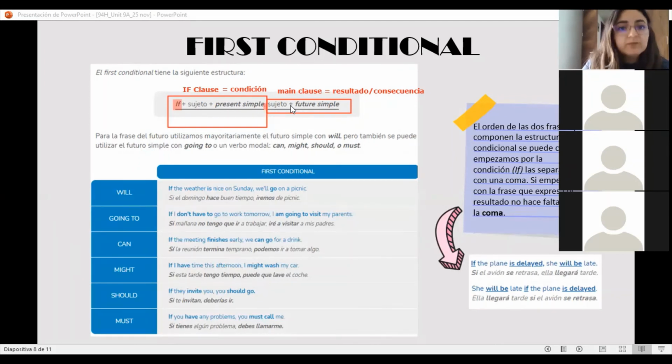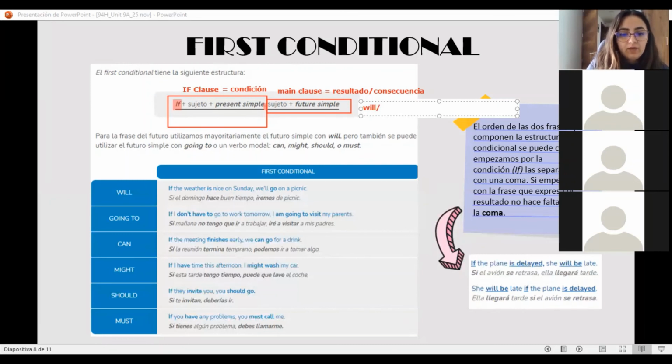Will and going to. Will and won't or going to, right? We're going to use the auxiliary will. Let me write it over here. Will.